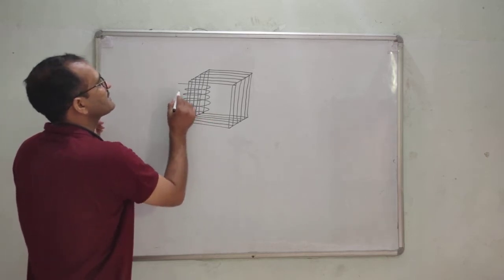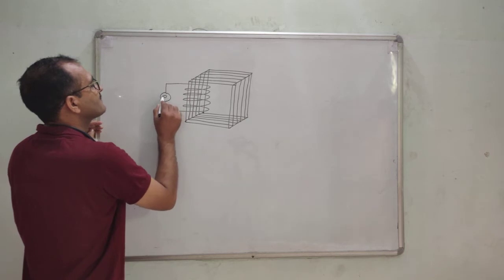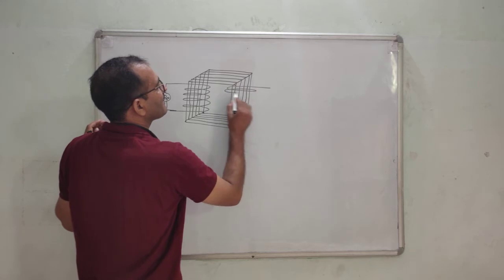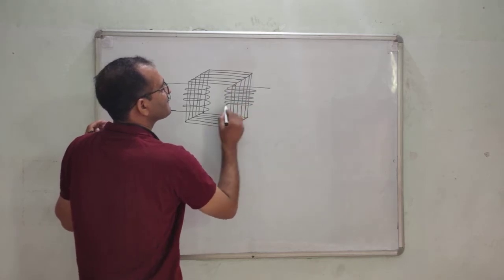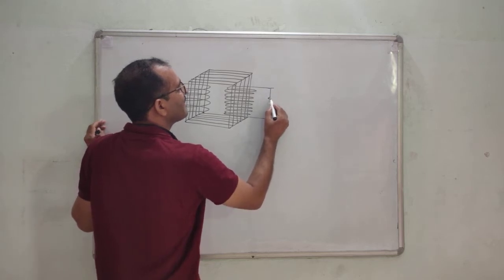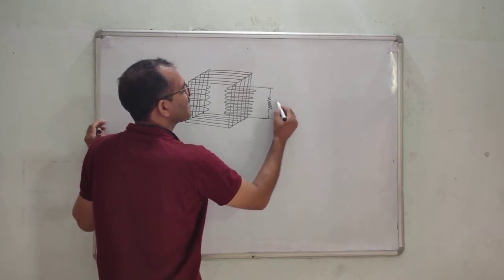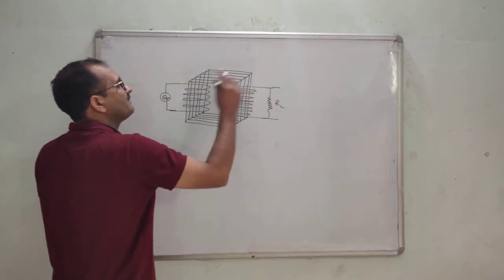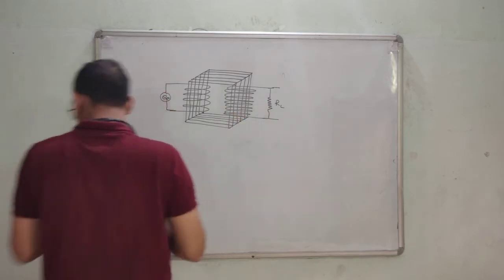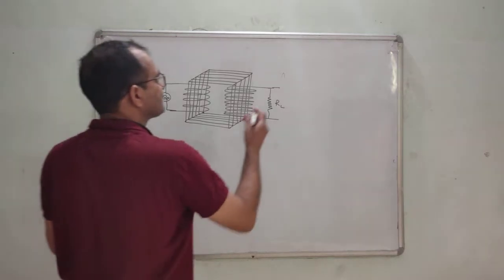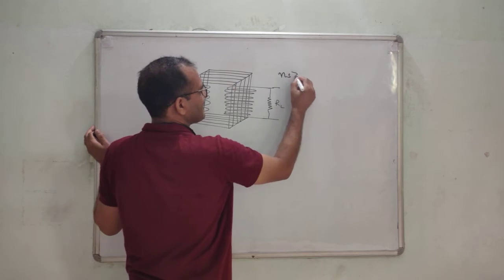The input is given to the primary and output is taken across the secondary. Here we are taking the number of turns in the secondary greater than the number of turns in the primary, Ns greater than Np.